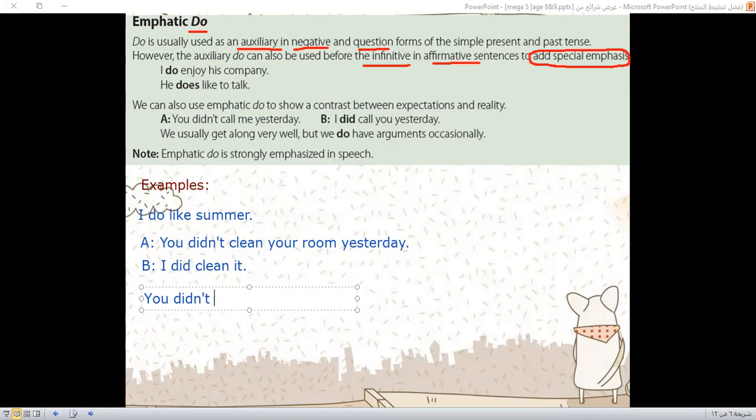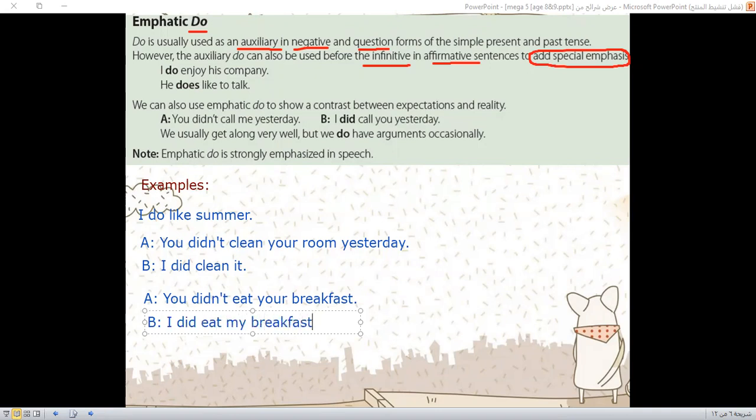Yes. Okay. So you're going to make it as a conversation. You didn't eat your breakfast. We can say. Oh. And your answer to emphasize that you already took your breakfast is, I did eat my breakfast. Very good. Thank you, all of you.